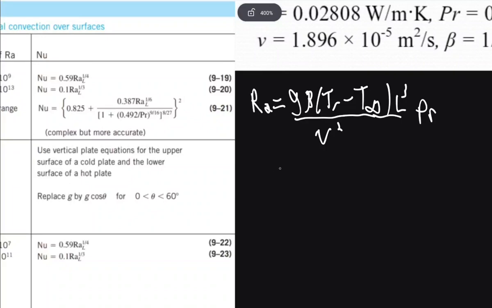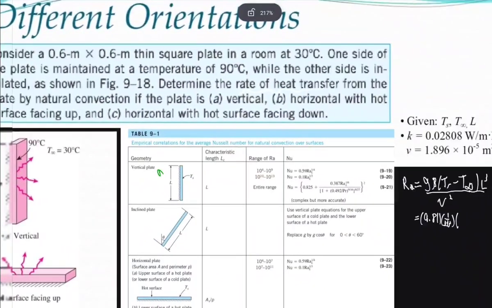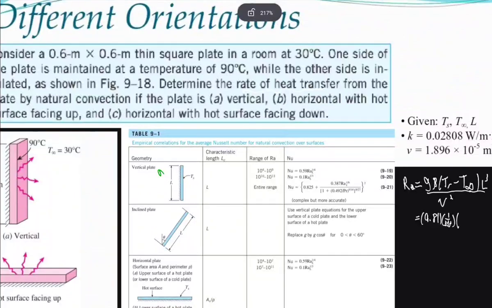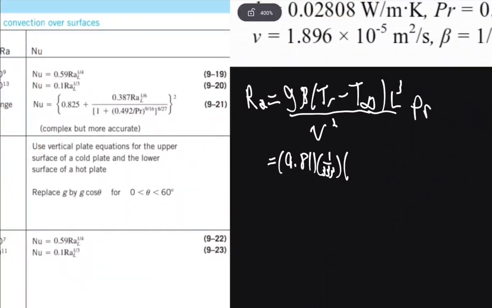So now we can start substituting in values. This is the metric system, so 9.81. We just said beta was 1 over 333 times Ts minus T infinity. Let's see. Okay, so that's the room temperature is 90 degrees, and the plate temperature is 30 degrees.